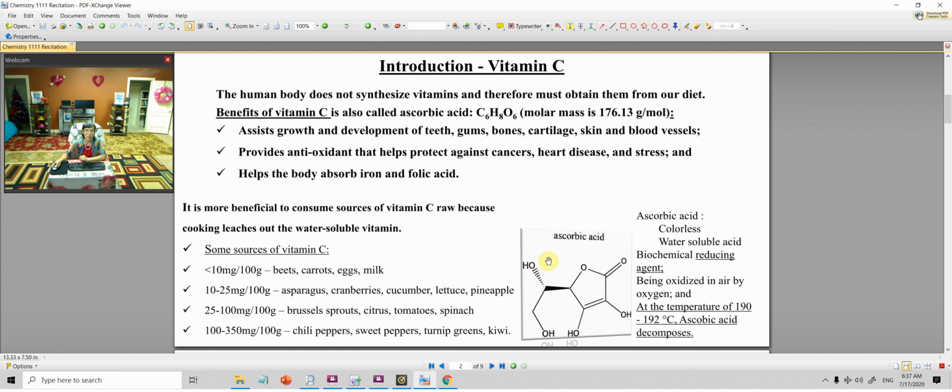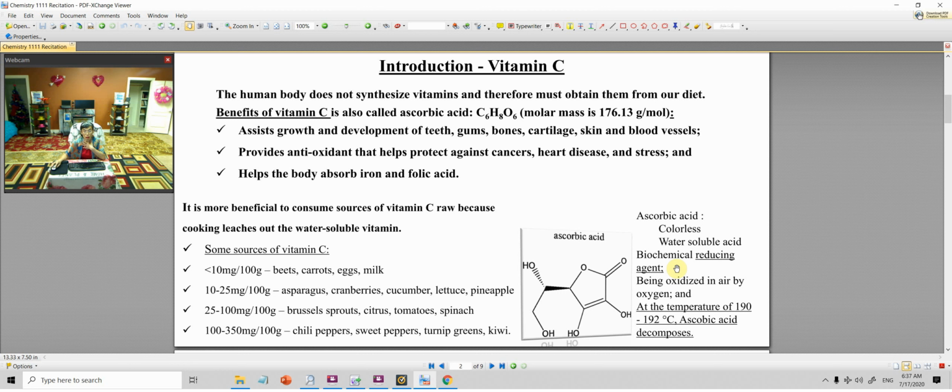Again, your vitamin C, also called ascorbic acid, the formula is C6H8O6. This is the structural formula for your vitamin C. By nature, vitamin C is colorless and water soluble, and chemically speaking, vitamin C is a reducing agent.